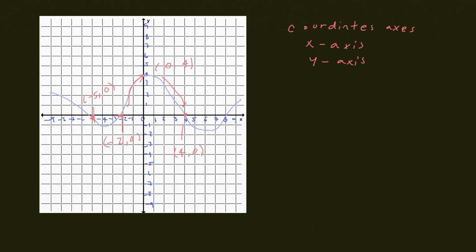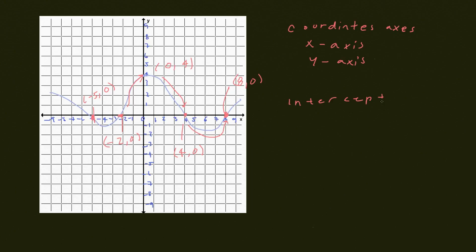Then let's go down the slope and go up, and here we go. We touch another point, and this point is 8 and 0.